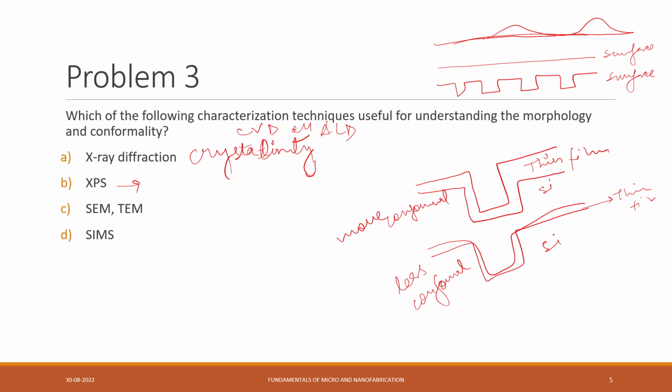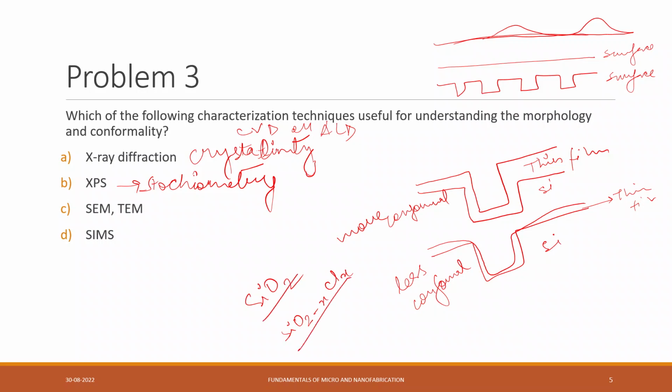In XPS, we get the chemical information, like the stoichiometry. Stoichiometry means, say, I wanted to deposit silicon, but it wasn't pure silicon; it was silicon minus X, and some chlorine defects are also there. I wanted this, but I got this.